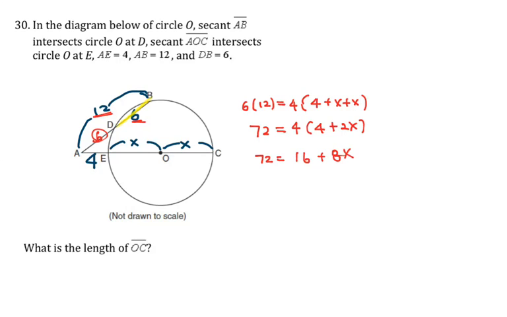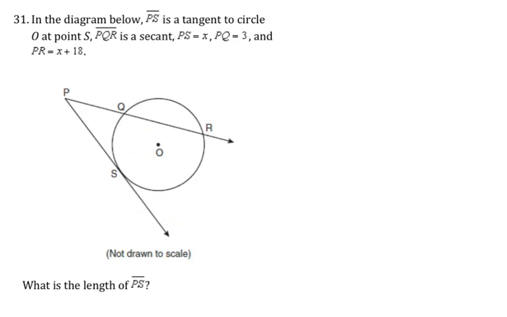Now, subtracting 16 from both sides, we get 8X equal to 56. Dividing both sides by 8, X will be equal to 7. So, that's how we can figure out this question. Alright, let's move on to the next question then. Number 31 here.